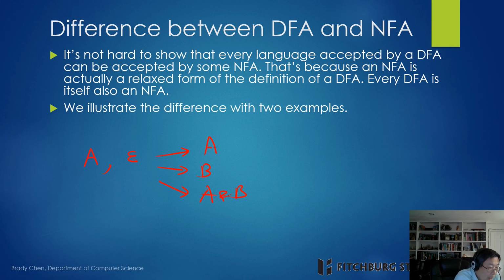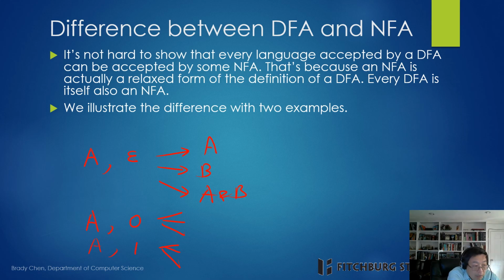Now, A could combine with the input 0 or the input 1, and then you're also going to move to various different destinations. So that's the major difference between the DFA and NFA.